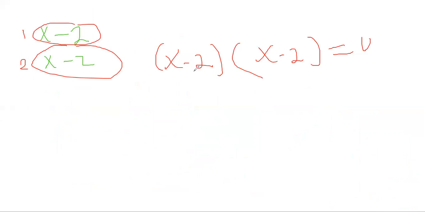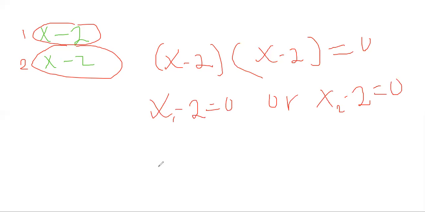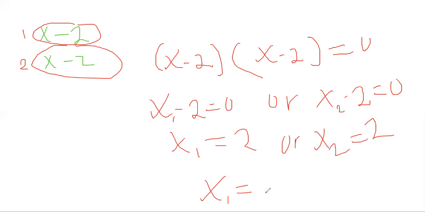So x, this first one, minus 2, we can call this x1 now, we are separating them, equals to 0. Or this x minus 2 equals to 0, we call this x2. Then x1 equals to 2, or x2 equals to 2. So both x1 is the same as x2, and both of them are equal to 2.